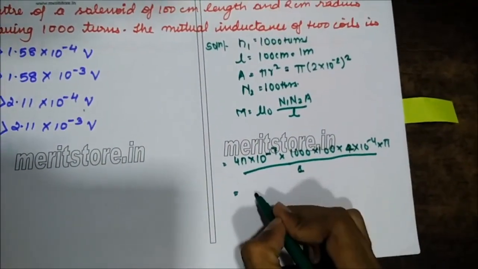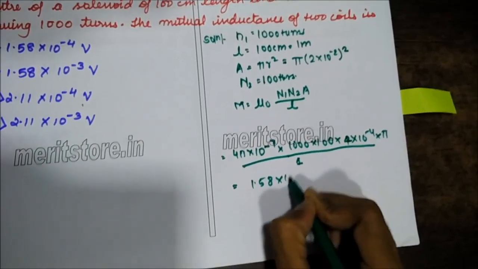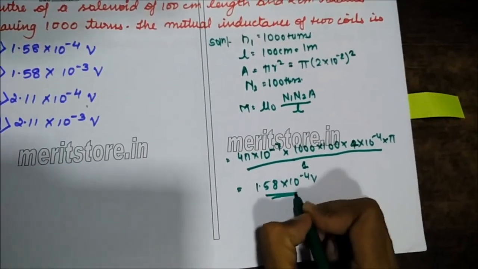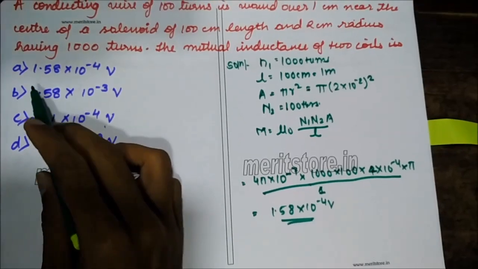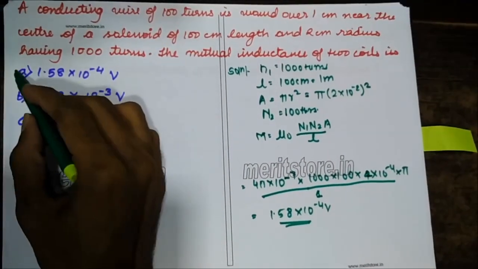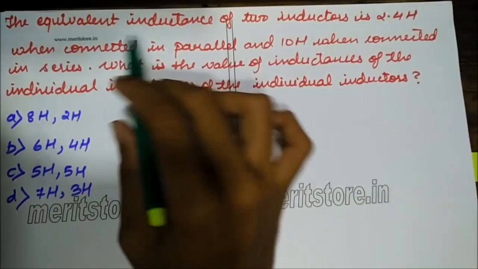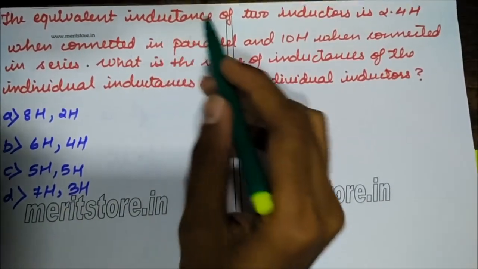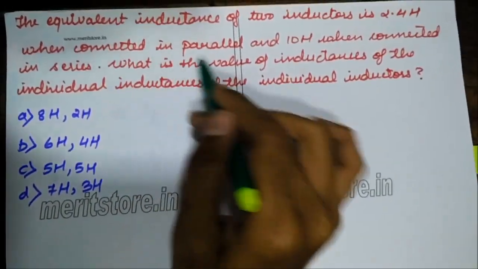On solving all this we get the value of 1.58 into 10 raised to minus 4 henry. So here the correct option is 1.58 into 10 raised to minus 4, A is correct.